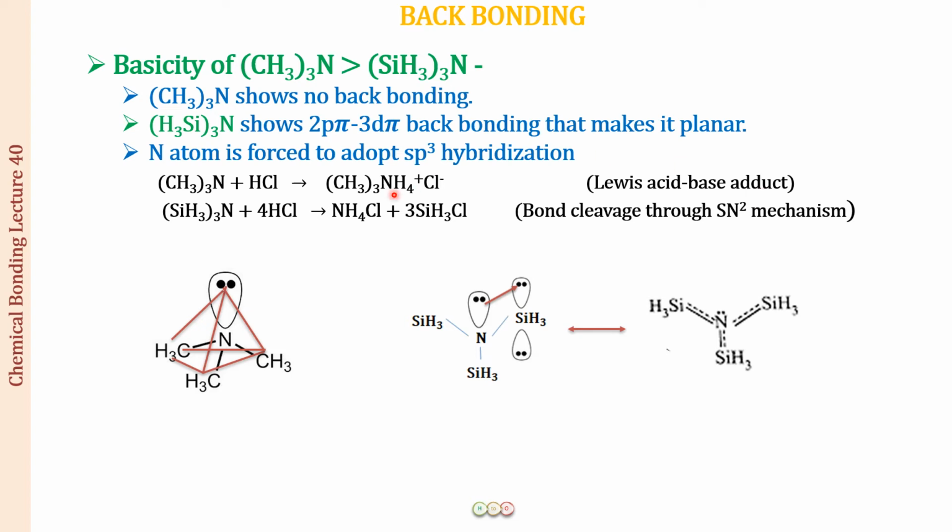Whereas when we see a reaction between trisilylamine and HCl, ammonium chloride and SiH3Cl are going to be formed, and this is not a complex that is being formed. This complex is not being formed because this is not a basic molecule. I hope this is clear.